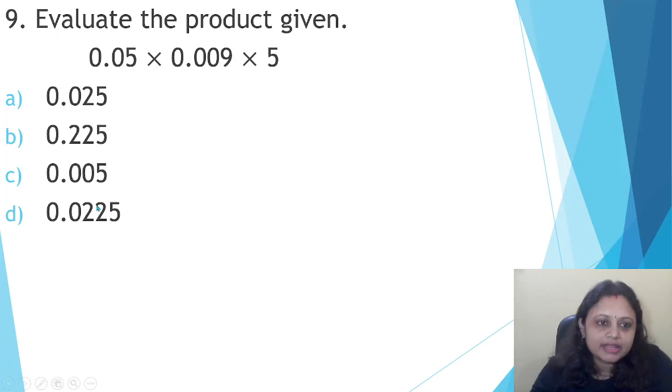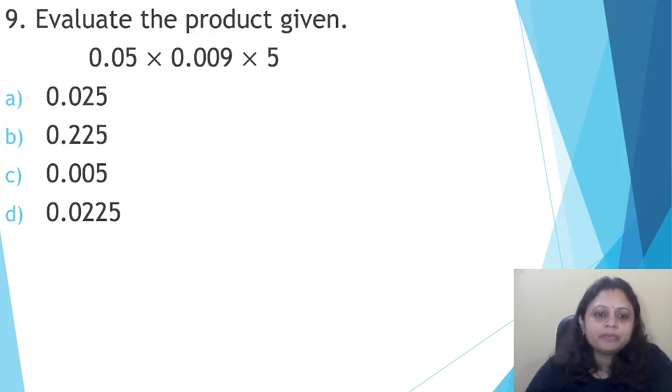Coming to the next question, evaluate the product given: 0.05 into 0.009 into 5. Option A 0.025, B 0.225, C 0.005, D 0.0225.